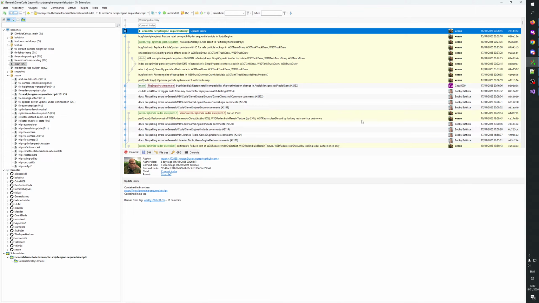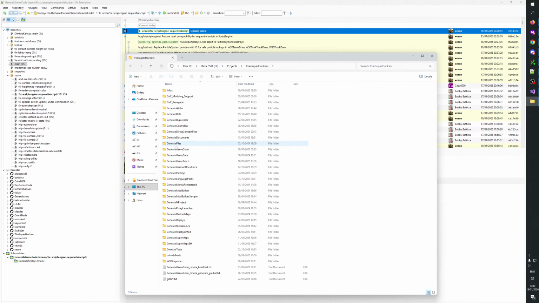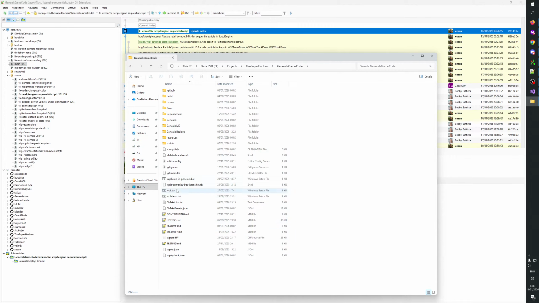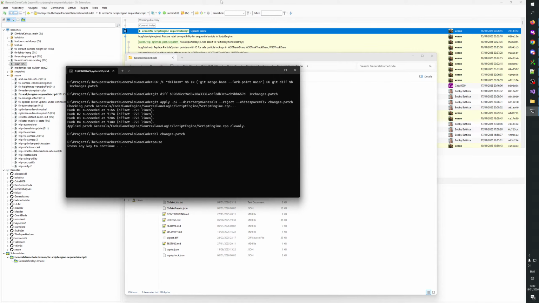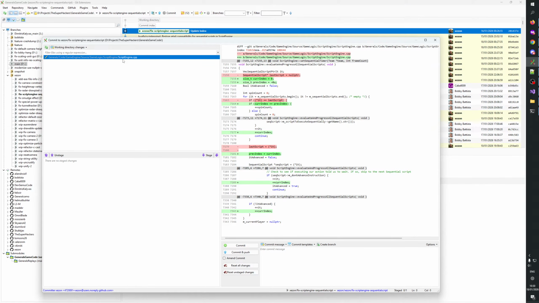And then we replicate to generals. Replicate code. Replicate in generals.